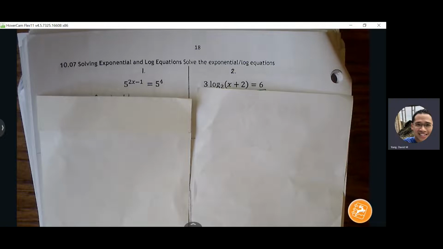Okay, this feels easy, right? Because the bases are already matching, so I can just get the bases to cancel out and just focus on solving for x.